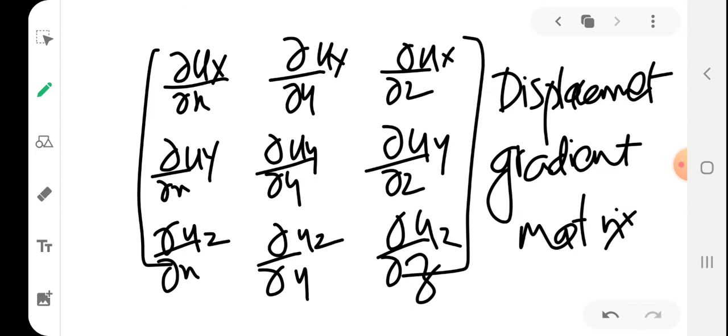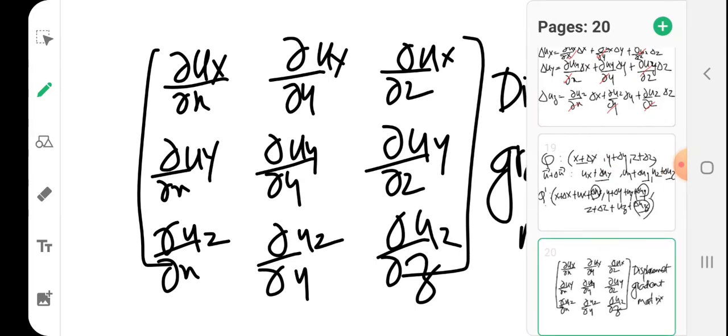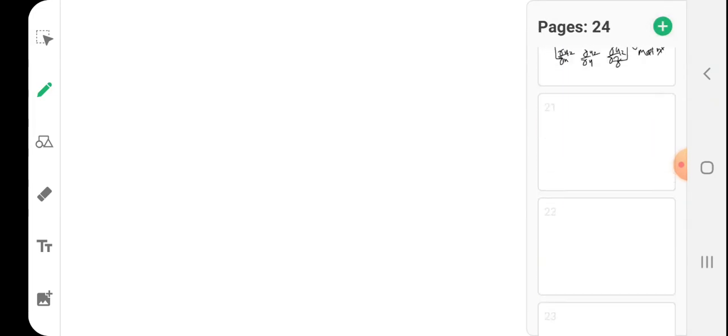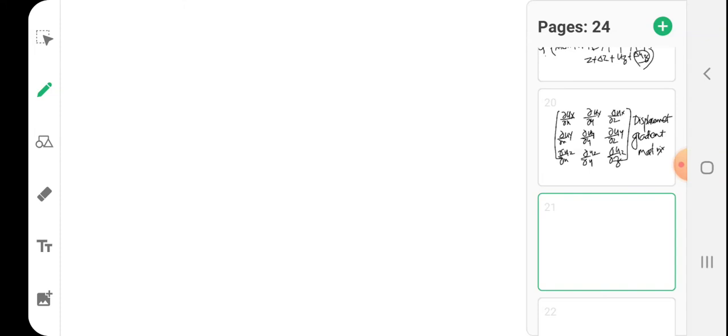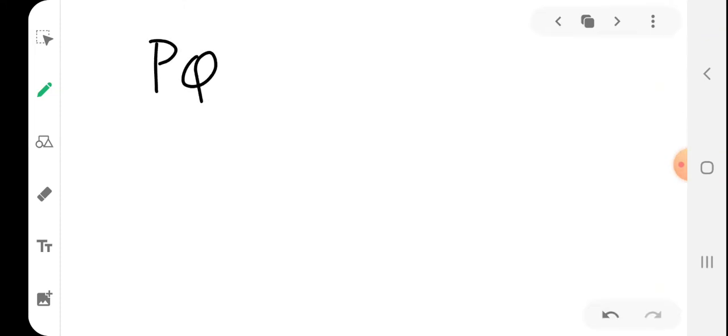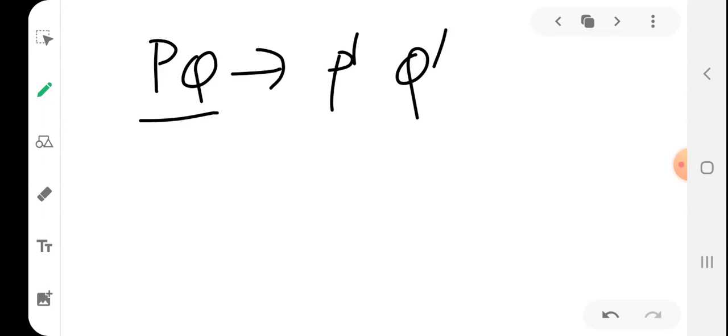Why? Because these differential terms are very important in finding the strain of that particular segment PQ. PQ is deformed to P dash Q dash.